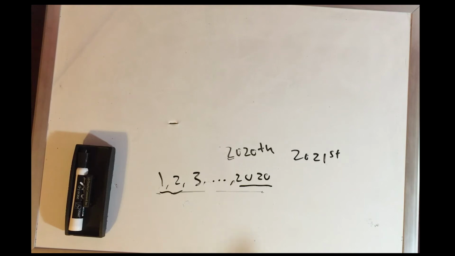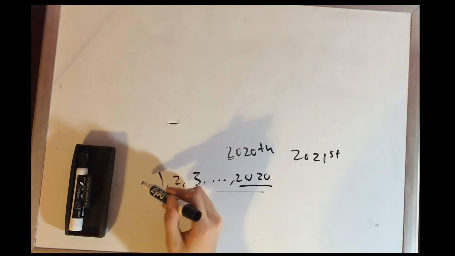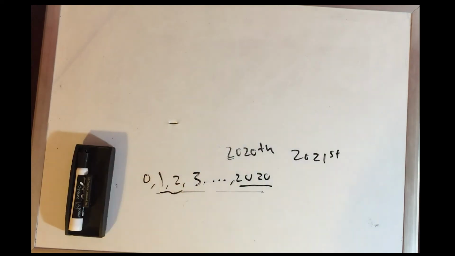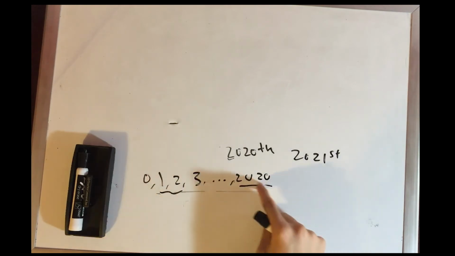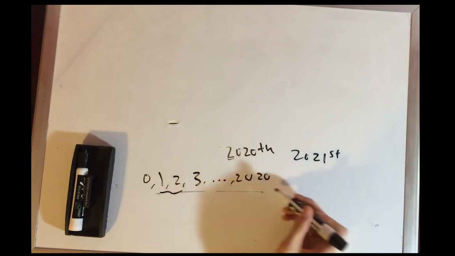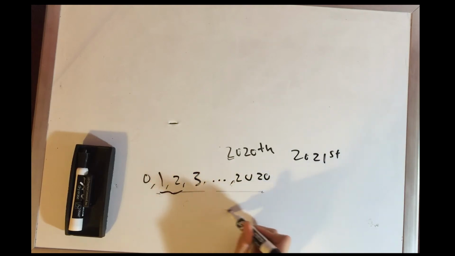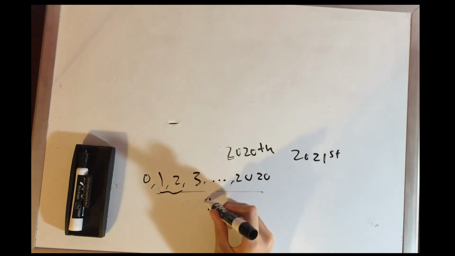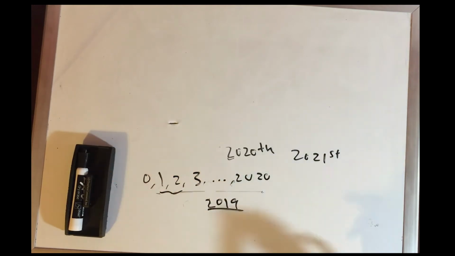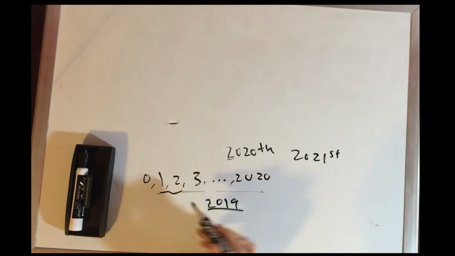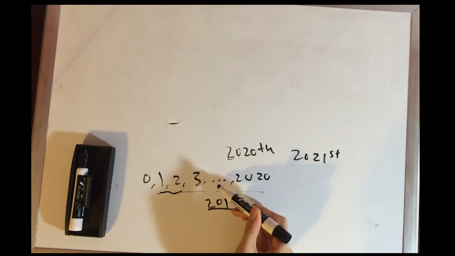But if I add in, let's say, a 0 there, I'm counting an extra number here, so the 2020th number place will have to shift down 1. So then our 2020th number will be 2019 actually.